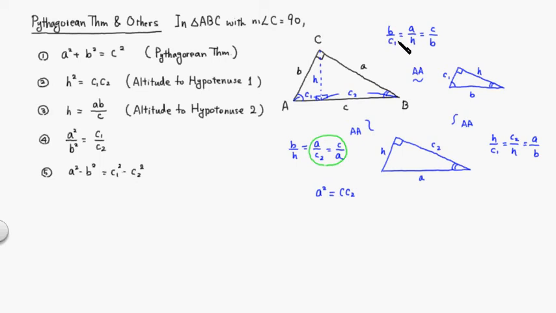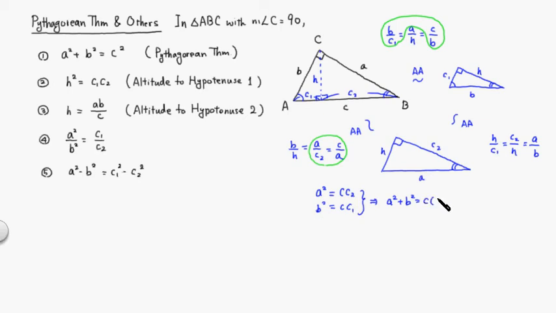Let's look at this one right here. Again, we can do the cross multiplication. That will give you b squared is equal to c times c1. So these two added together, we get a squared plus b squared is equal to c times c1 plus c times c2.